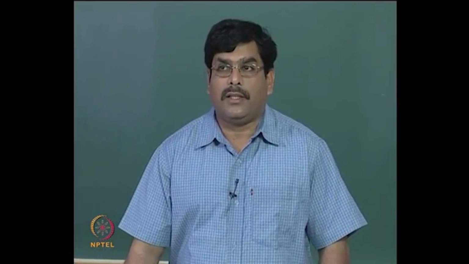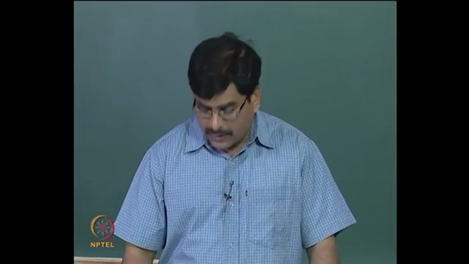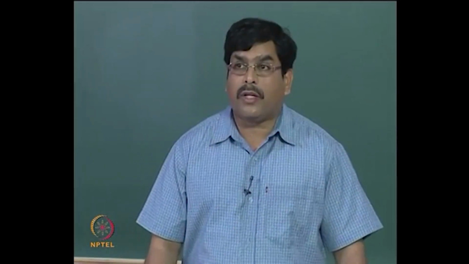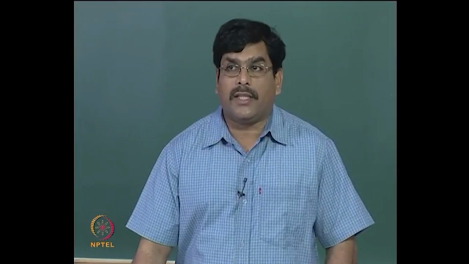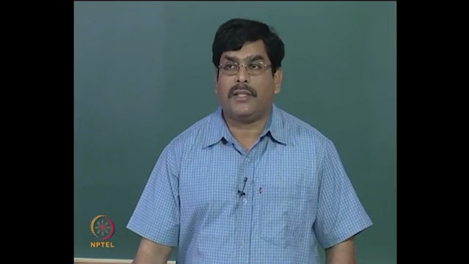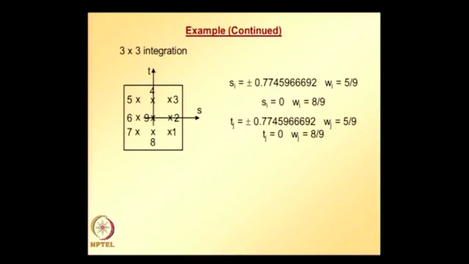gives us the total weight at a particular point, but here the weight is not going to be constant, equal to 1, as in 2 by 2 integration; it is going to be different for different points, depending on the location of the point.